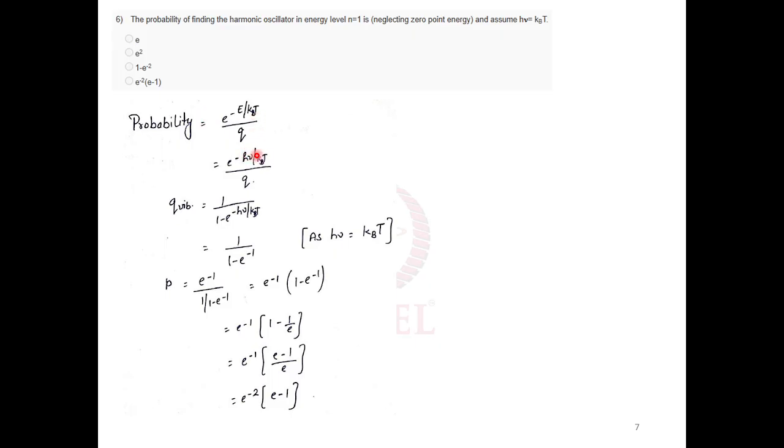The vibrational partition function is coming 1 by 1 minus e to the power minus h nu by kBT. Here h nu equals kBT, so e to the power minus 1 divided by 1 by 1 minus e to the power minus 1. So e to the power minus 1 into 1 minus e to the power minus 1. So overall it is coming e to the power minus 1 into 1 minus e to the power minus 1. So your answer will be D.